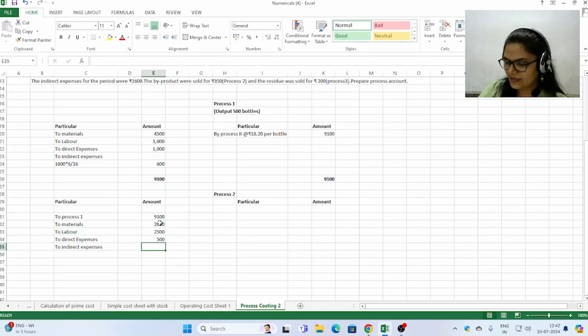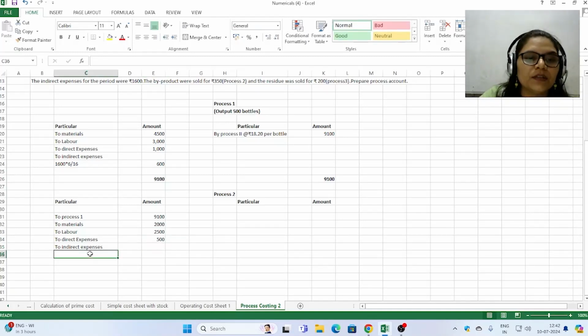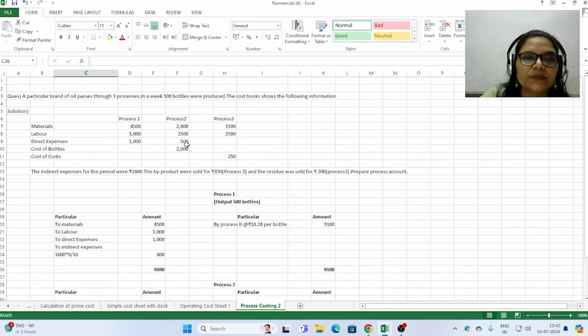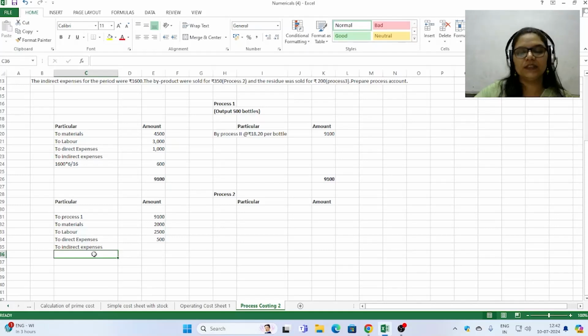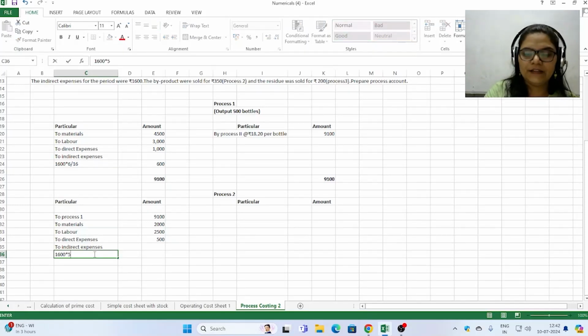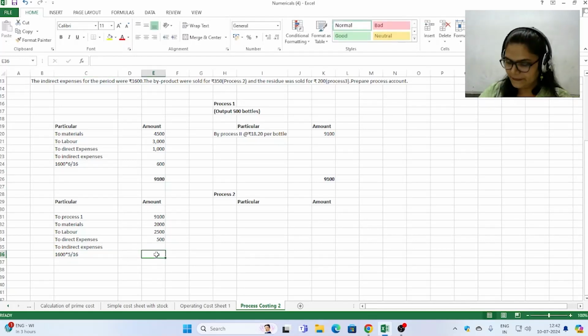Indirect expenses, we all know in this particular process we have 2500 expenses as direct labor. So the ratio for this process will come out to be 1600 into 5 divided by 16, which comes out to be 500.